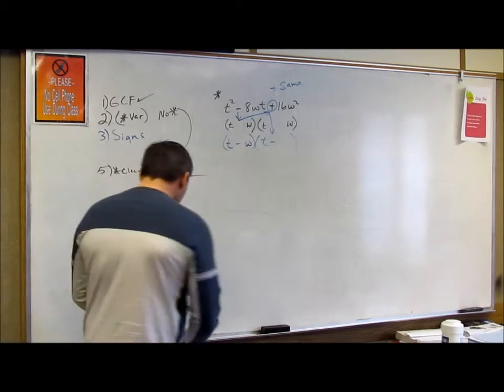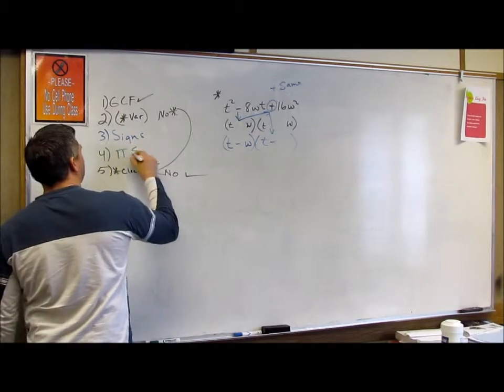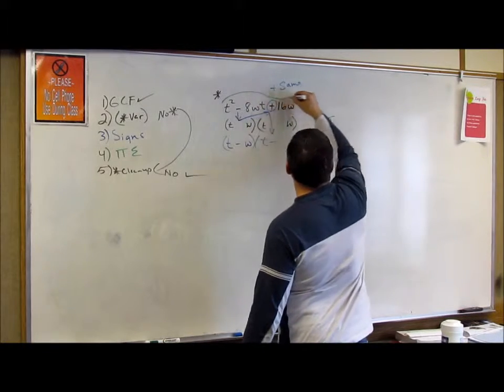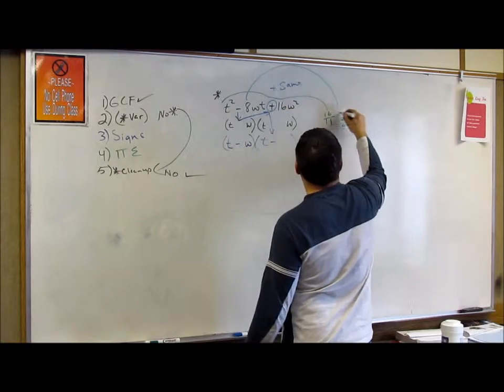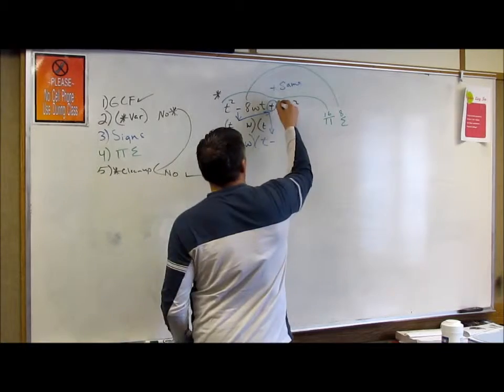Okay. 4th step, product and sum. My product is first times last. Boop, boop, boop. 16. My sum is the middle. 8. This is a same problem.